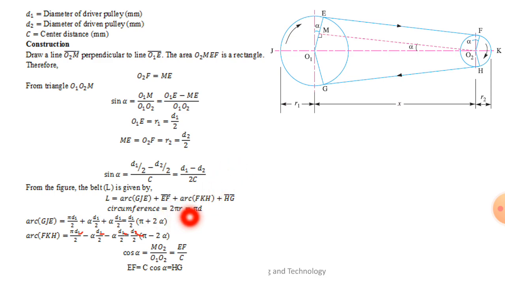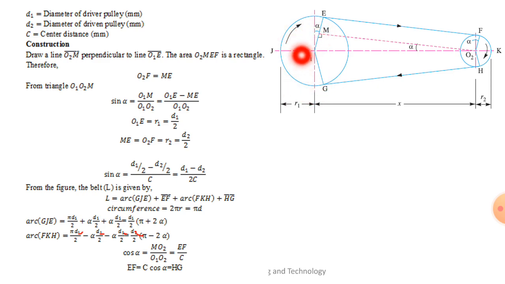Now circumference, you know, is always pi d. And arc length can be calculated as S equal to r theta, where r is the radius and theta is the angle. The same concept you have to use here. So arc GJE may consist of the entire thing, so I will consider half of this one, because it will be 180 plus 2 alpha.